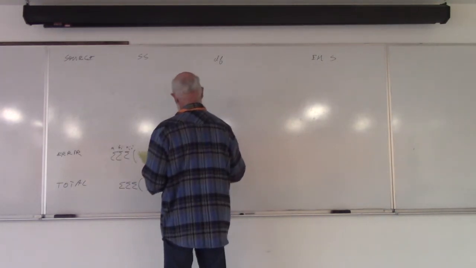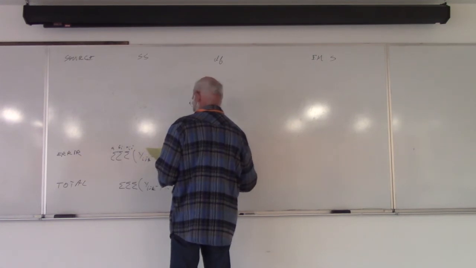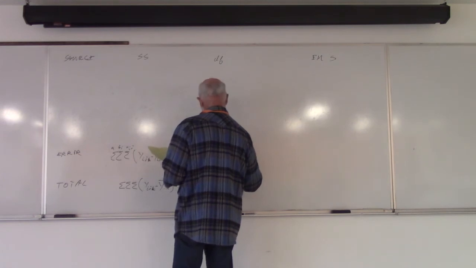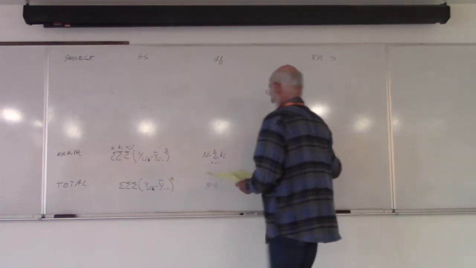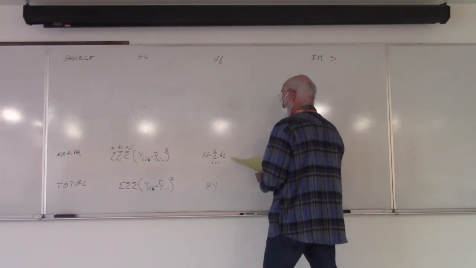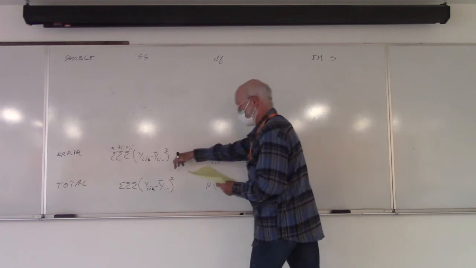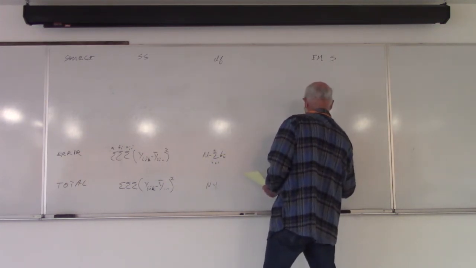Degrees of freedom is going to be n minus the sum from i equals 1 to A of B sub i. My expected mean squares is going to be that divided by that, which gives me sigma E squared.